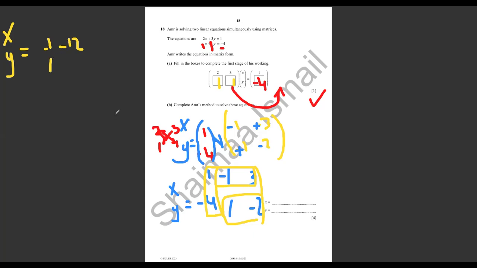And negative times negative will be positive. 2 times 4, it will be 8. So now it's clear that x equals, here the x will be equal to -13, and the y will be equal to 9.